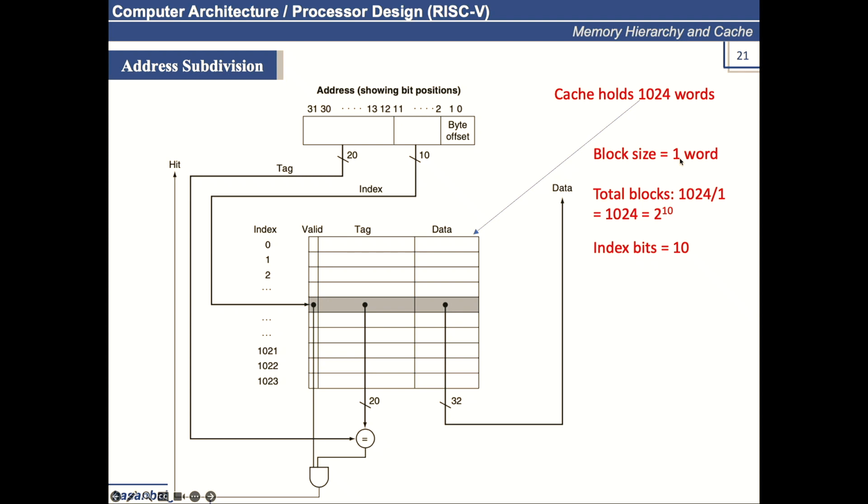So you can access any particular byte, 0, 1, 2, and 3. And then we have the index field, which helps us access a particular block, and the tag field, which helps us match the tag bits to identify whether the requested data is the one present in the cache.